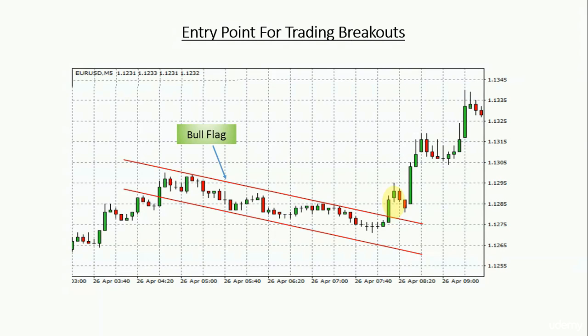Let me take this break as an example to explain how the market usually reacts to such a breakout, and more specifically, what the typical reaction of institutions to this breakout is. Institutional traders are either aggressive or conservative.